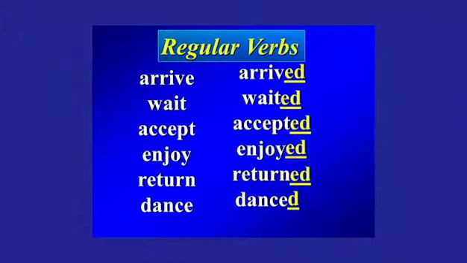For example, arrive, wait, accept, enjoy, return, and dance. So what do we do? We add ed. We add ed to these verbs because they are regular verbs, to form the past form of these verbs.